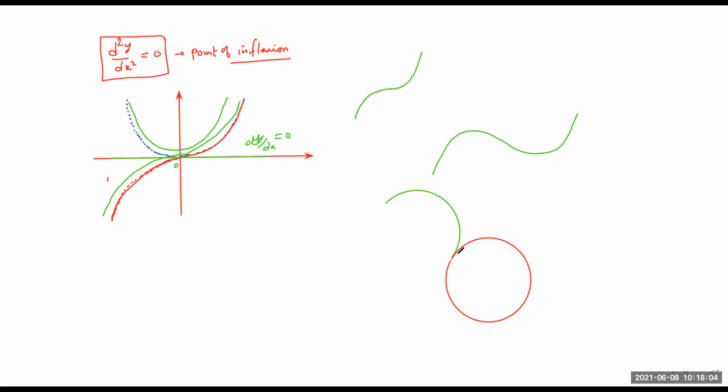Now, can you see this graph? It's very interesting. We have a well-defined tangent here, but this tangent is difficult to feel.